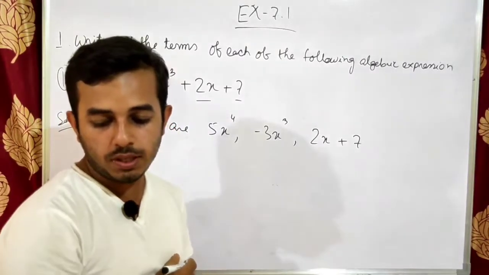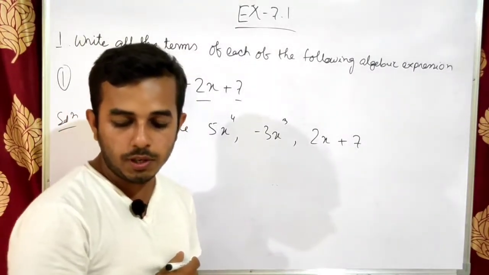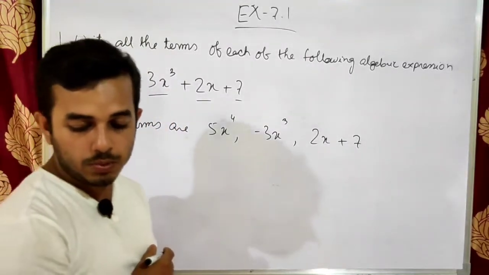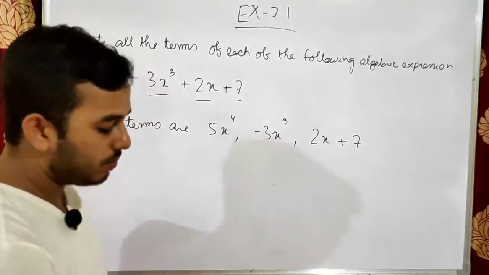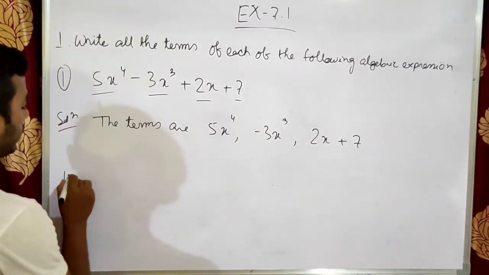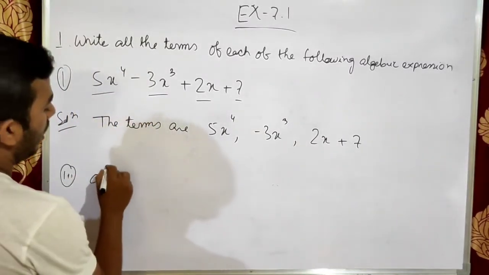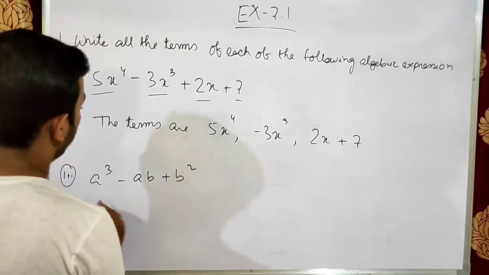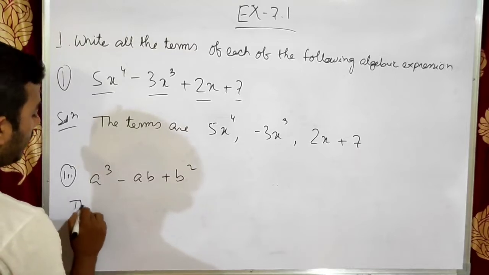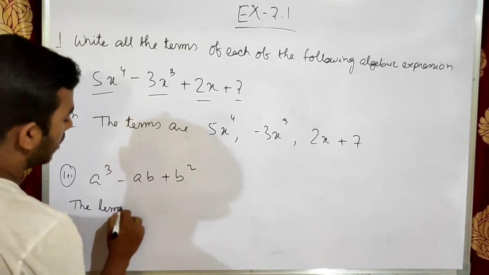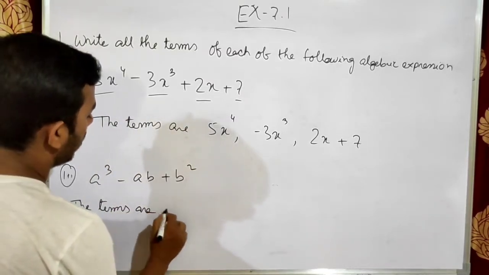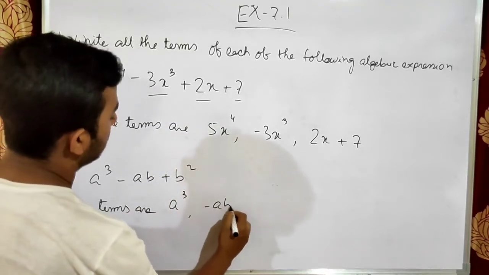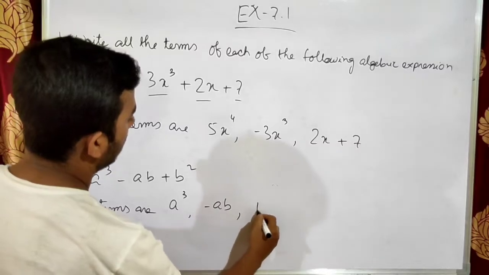Let me solve another one, and the remaining you will solve. The next one is a cube minus ab plus b square. So we will write the terms are: first one is a cube, then the second one is minus ab, then b square.